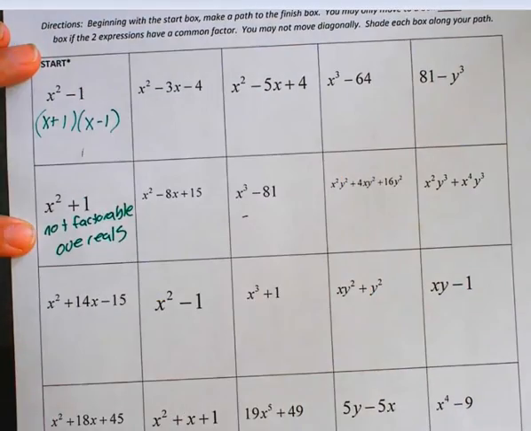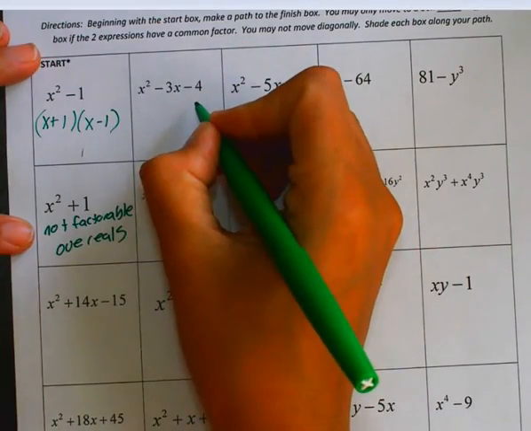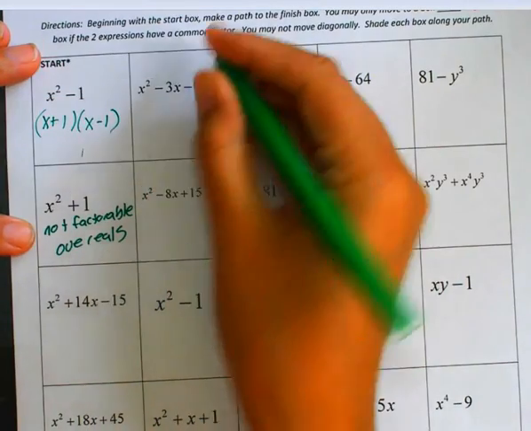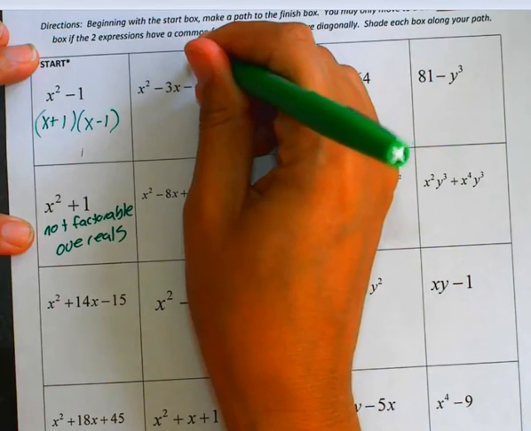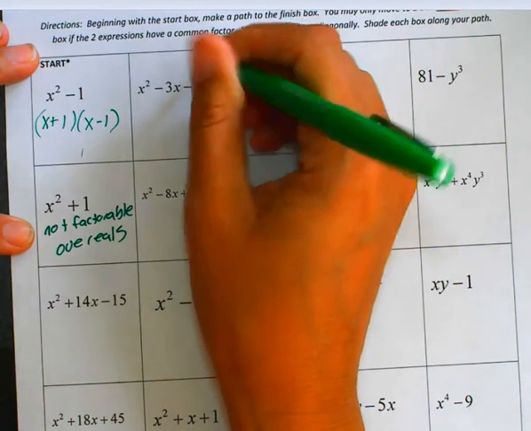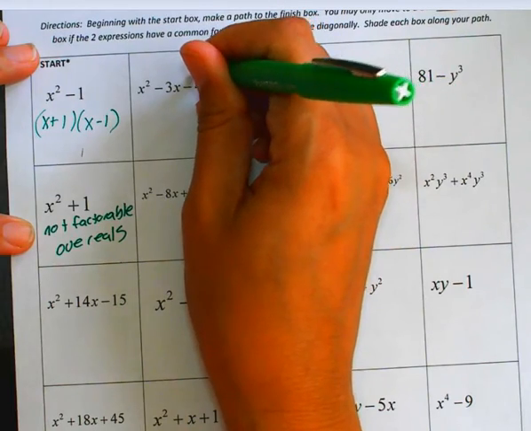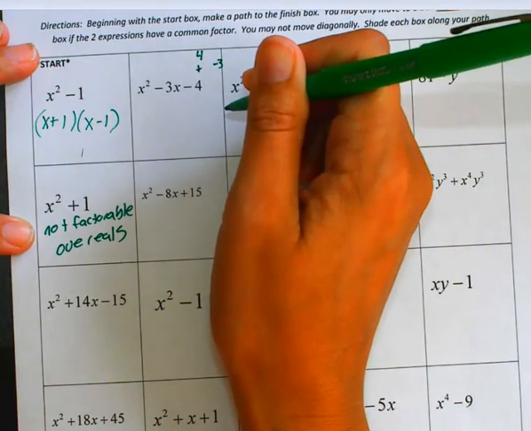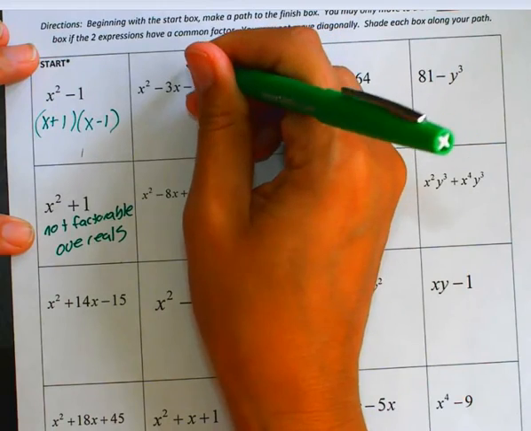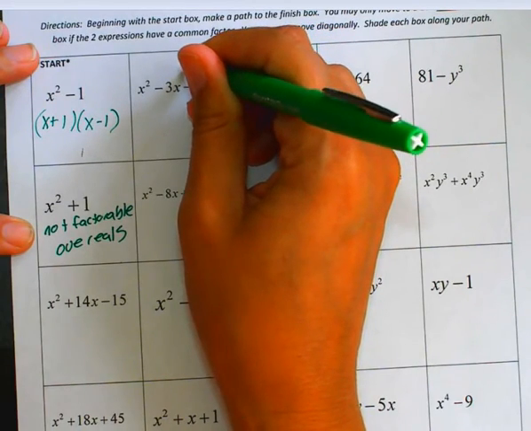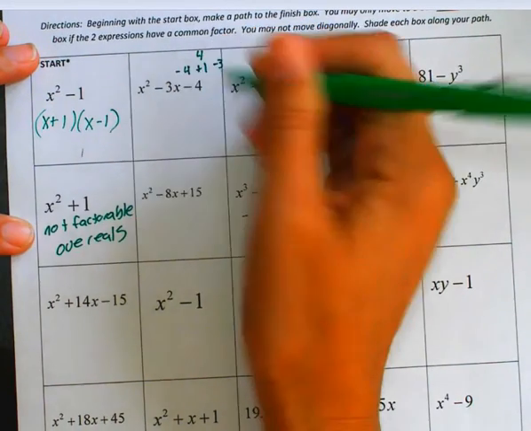If you look, this is a trinomial. So what we're going to do is look for factors of 4 that add up to -3. If you want to pause the video real quick so you can figure that out. It's going to be -4 and 1.